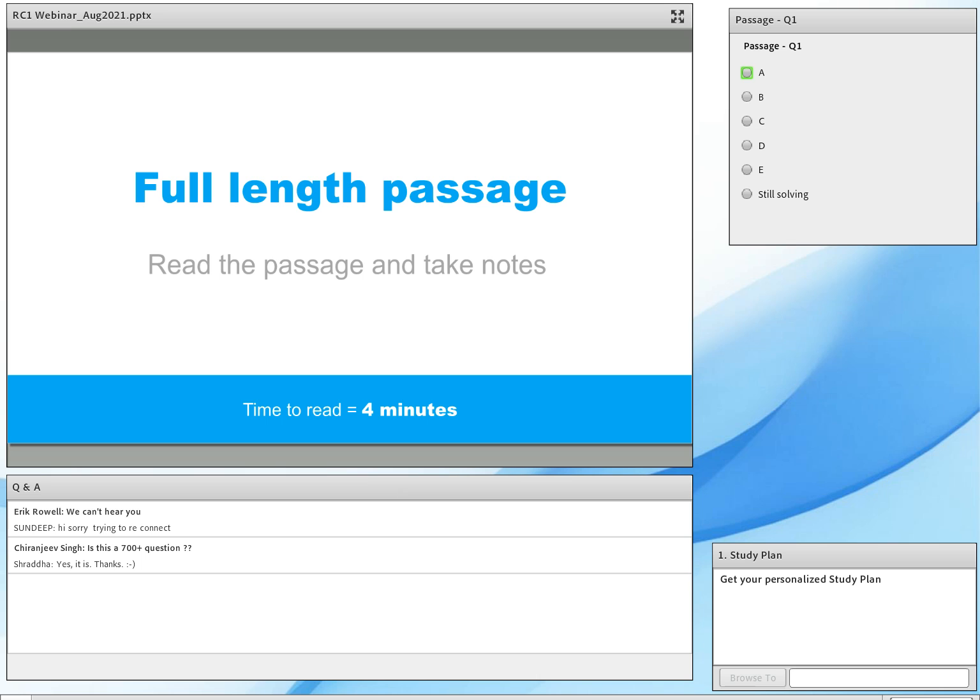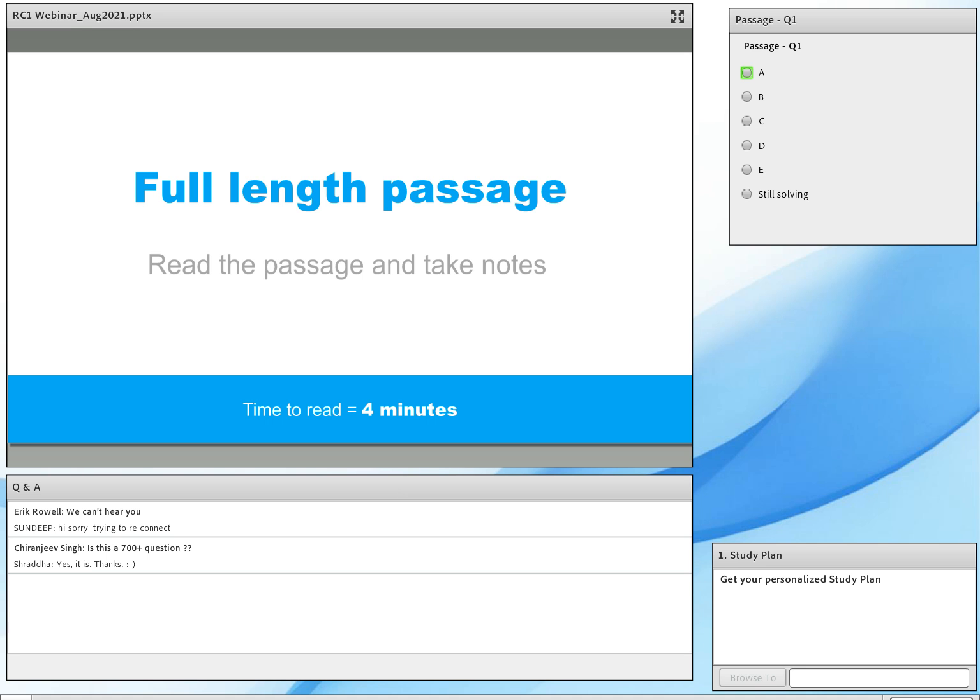Please click on still solving. I have a good number of students in the class yet, so I would want most of you to participate. It is time to put into application what you have learned so far, so don't shy away from trying your hands on this official passage, which is considered to be a 700 plus passage. A few more votes for still solving so that I know that you are here with me.